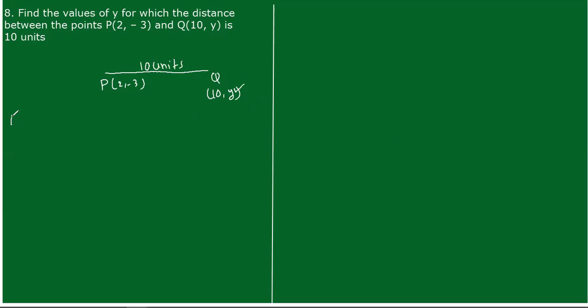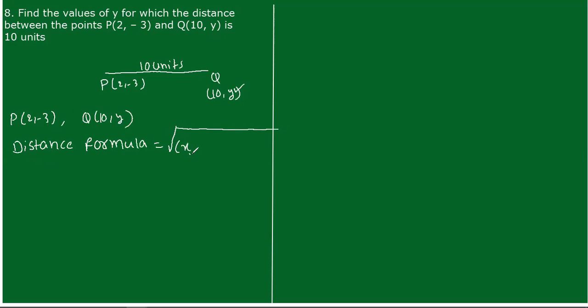So I can say P is (2, -3) and Q is (10, y). The distance formula is the square root of (x2 minus x1) whole square plus (y2 minus y1) whole square.